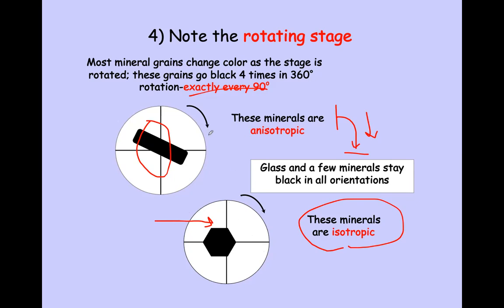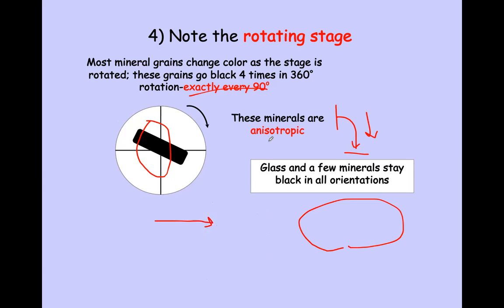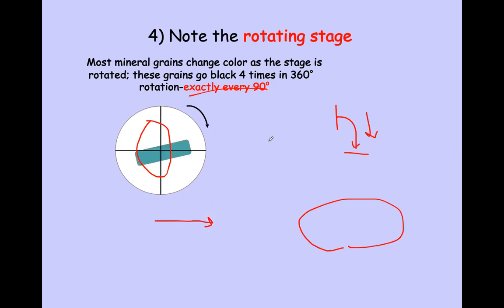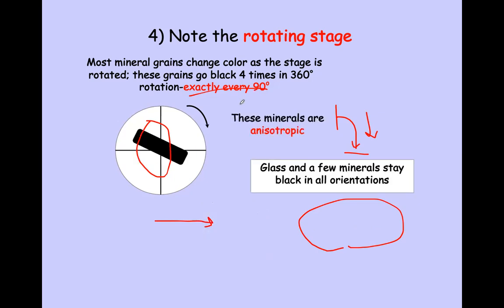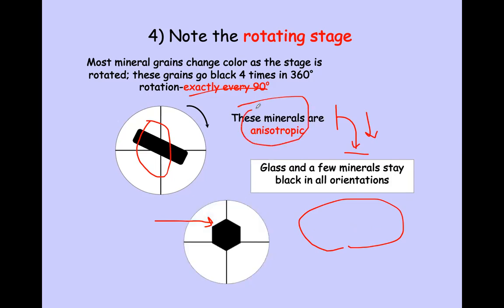But the other type, when you rotate, only at every 90 degrees they go black, but other times they will be brighter, right? Such minerals we call anisotropic minerals, and the other ones isotropic minerals. So these are the two types of minerals we have, those which can reorient and those which cannot.